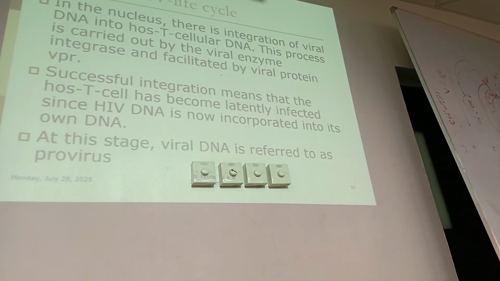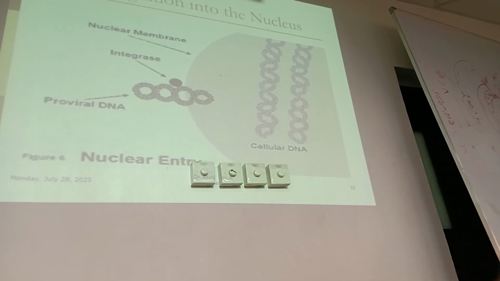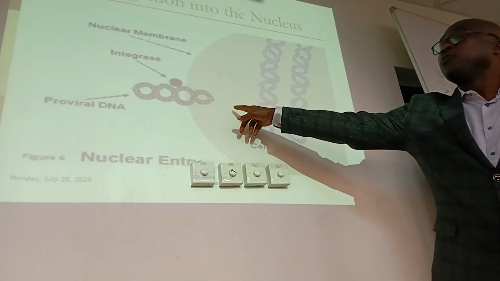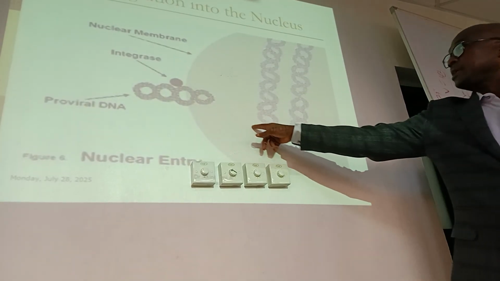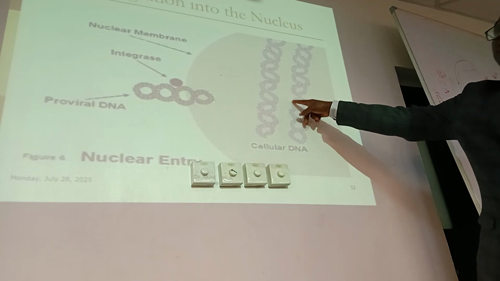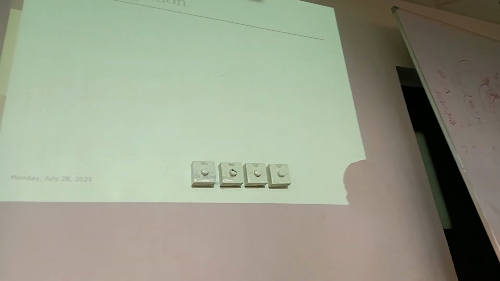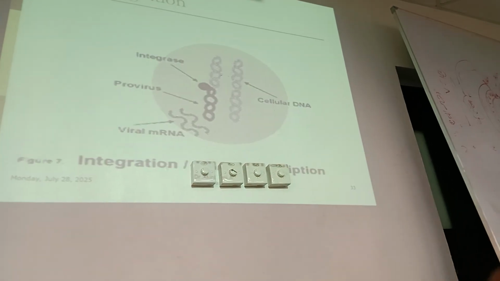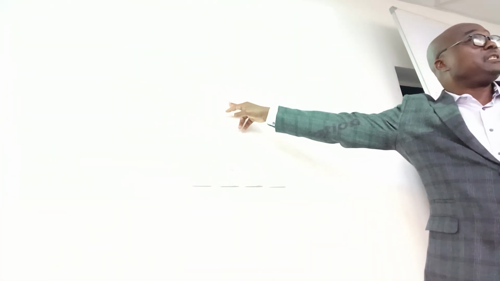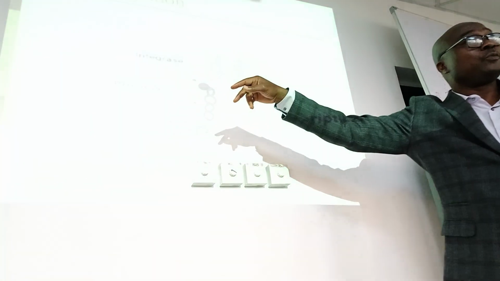The viral DNA is referred to as provirus once it's integrated. You can see it moving in with an integrase, and this is the host DNA. It's going to replace the host DNA with the HIV DNA that is produced.